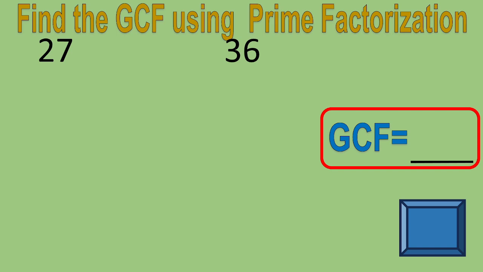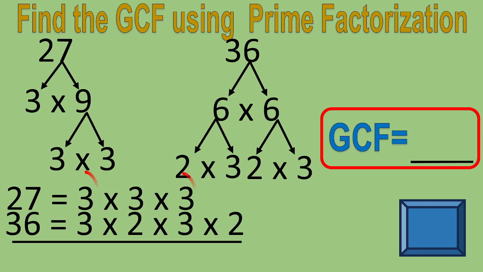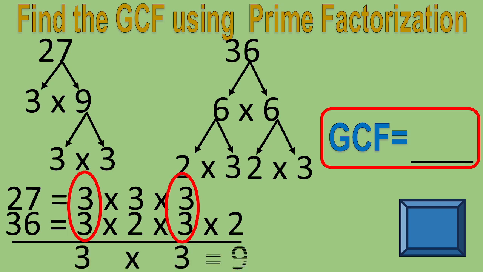Next, 27 and 36. Time's up. The common prime factors are 3 and 3. So, the GCF is 9 because 3 times 3 equals 9.